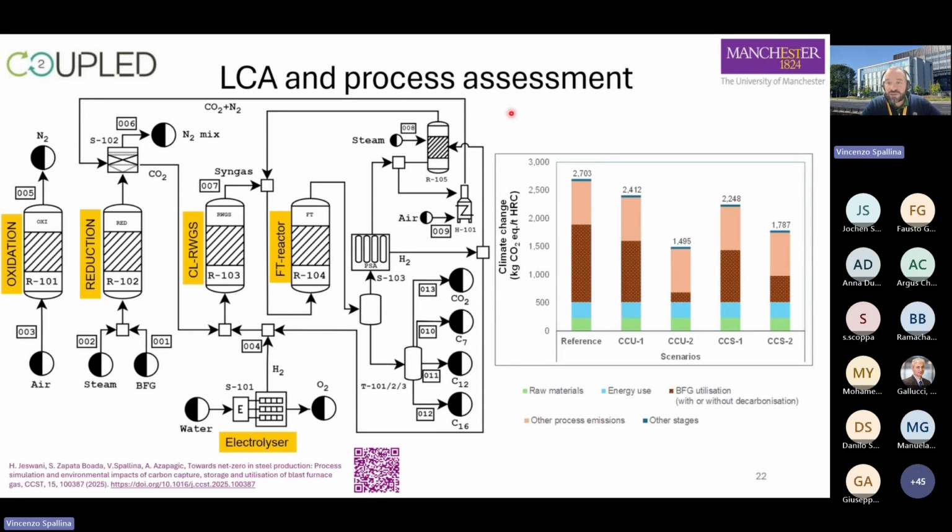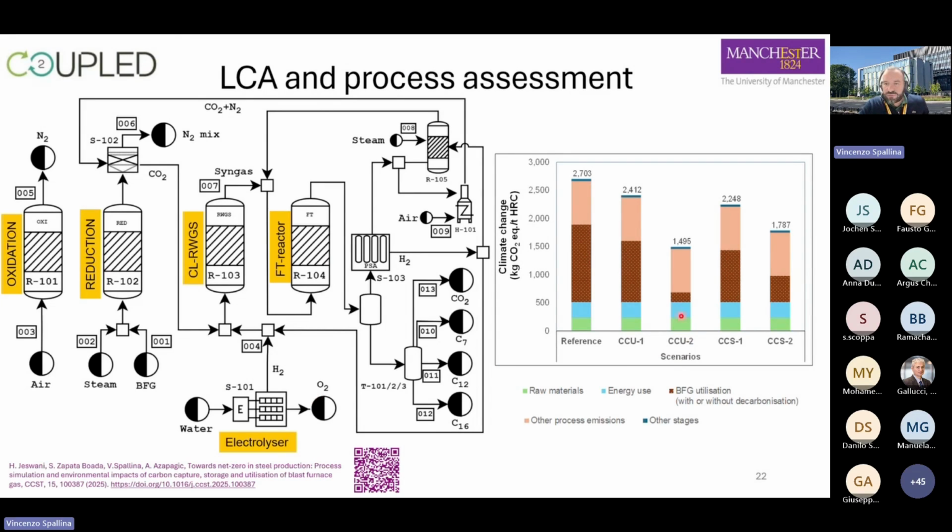The major thing to say is that the climate change impact is still high if the electrolyzers are powered by the grid.